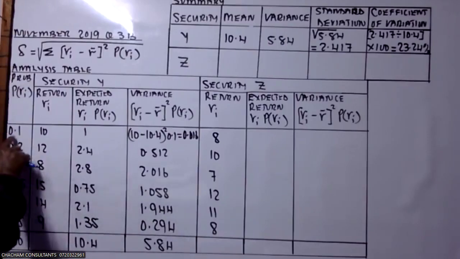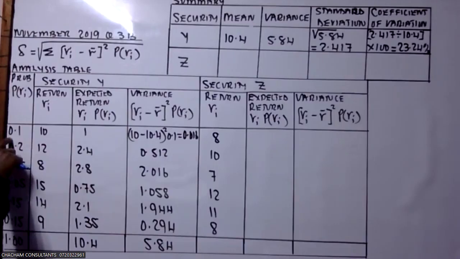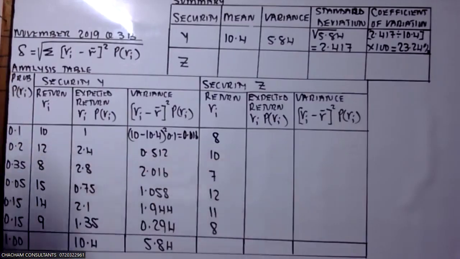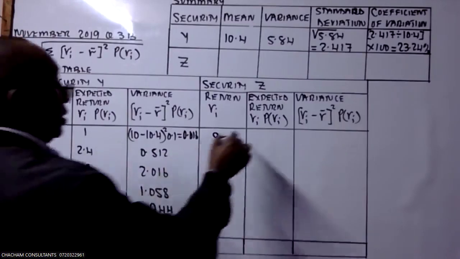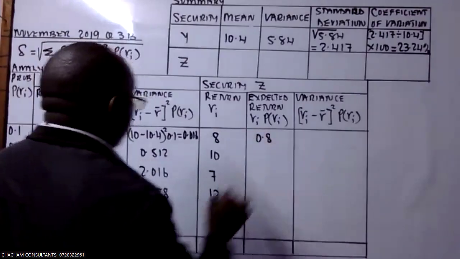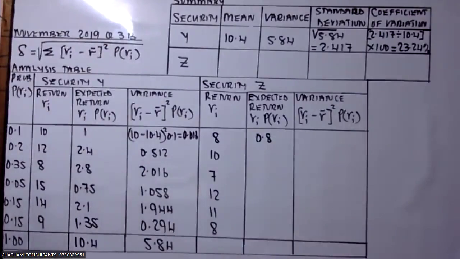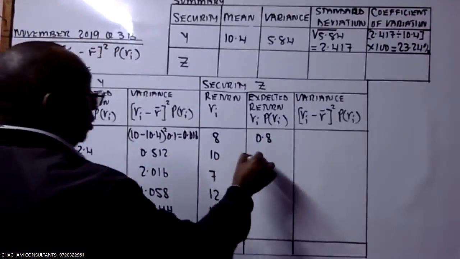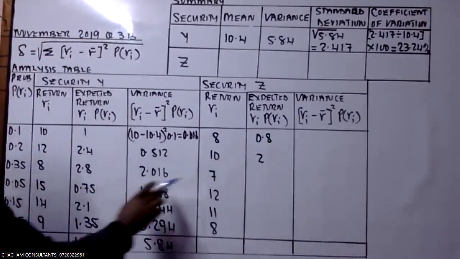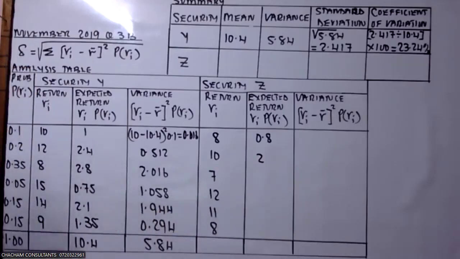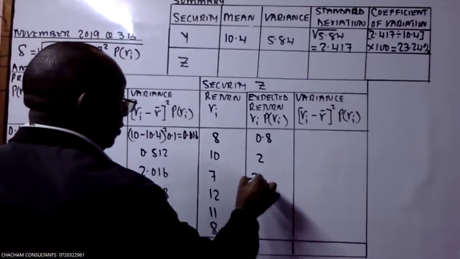Now you take this probability, this times this 8. You get 0.8. 0.2 times 10, 2. 0.35 times 7, 2.45.